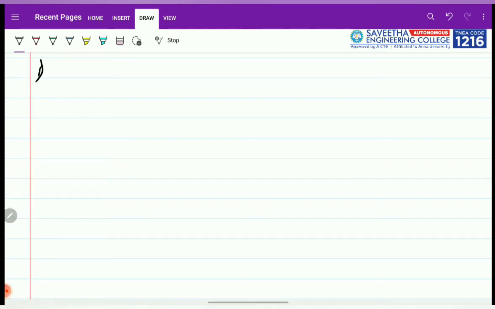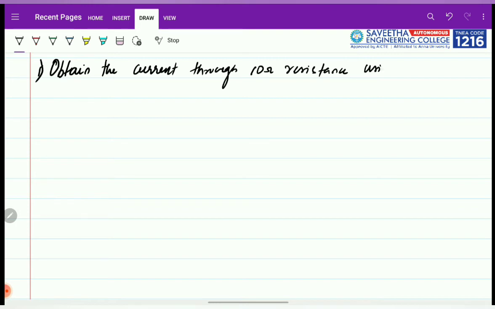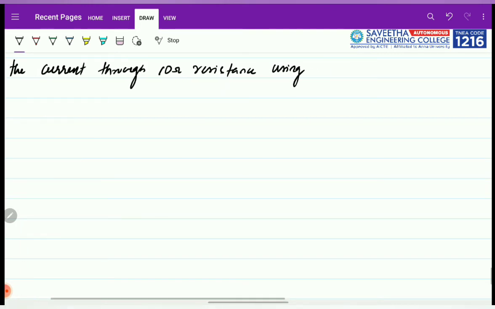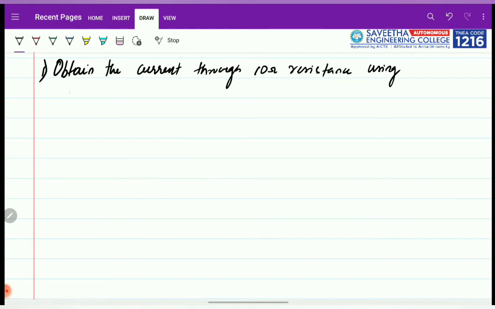The first problem in the superposition theorem: obtain the current through the 10 ohm resistance using the superposition theorem. So they have clearly given that you need to find the current through the 10 ohm resistance using the superposition theorem.